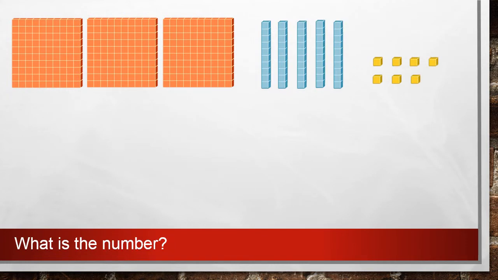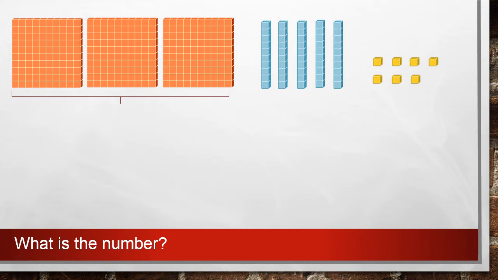Now let's look at the example. Can you tell me what is the number represented by this group of blocks? Let's start with hundreds block first, which is the orange in color. How many hundreds are there?